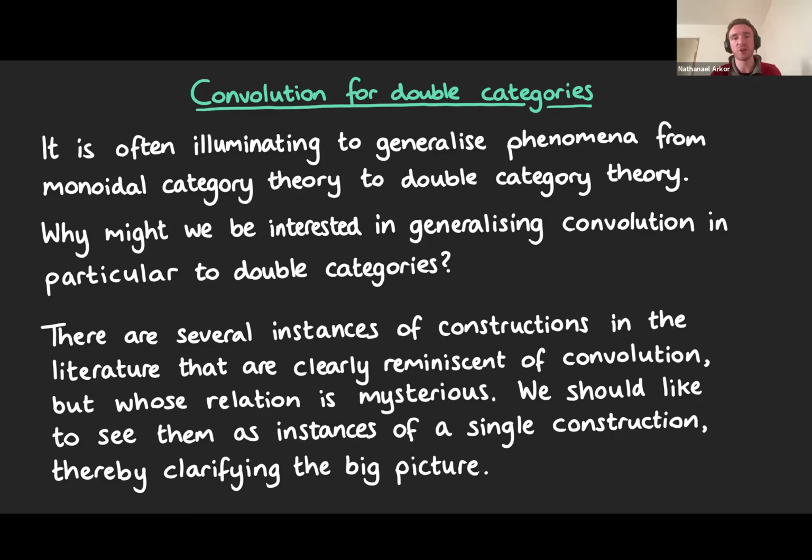And the reason we're going to be interested in this is that there turn out to be quite a lot of constructions in the literature that look quite like convolution, but they don't fit within the pattern I illustrated at the start of the talk. So they're not instances of convolution for monoidal categories or promonoidal categories. And we'd like to understand how they relate and whether there's a bigger picture they fit into, which would help relate these different strands of research.